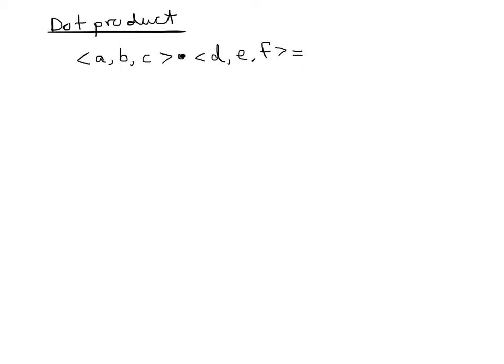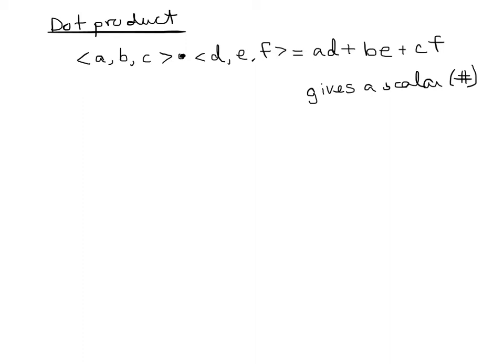So you multiply A times D, and you add to it the multiplication of the y components, B times E, and then you add to it the multiplication of the z components, C times F. Right? So that's how a dot product works. Out of this, you're going to get a number. So the dot product gives a scalar, a number out of the end of this, which is going to be different from the cross product. Cross product is going to give us a vector.